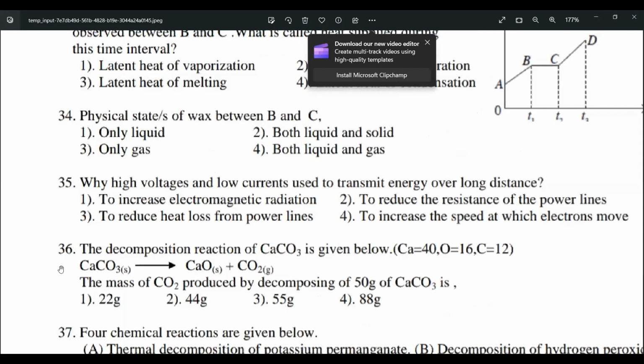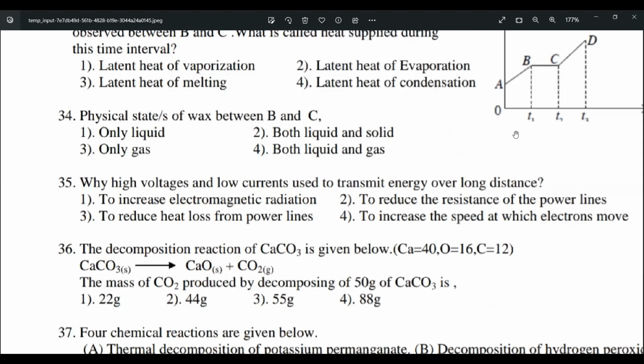Question 35. Why are high voltages and low currents used to transmit energy over long distances? So when it comes to Ohm's law, we have the equation V equals IR.